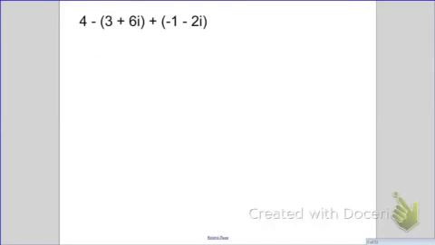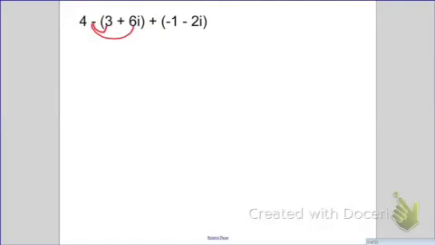So let's take a look at an example where a lot more is happening. Number one mistake that people make when they see this is they think that they're going to have to distribute the 4. They think that we're going to do 4 times 3 and 4 times 6. This is not true. There is a minus sign in between them. So instead, you need to first distribute that negative to the 3 and to the 6. Since we have a positive here, there's nothing to distribute.